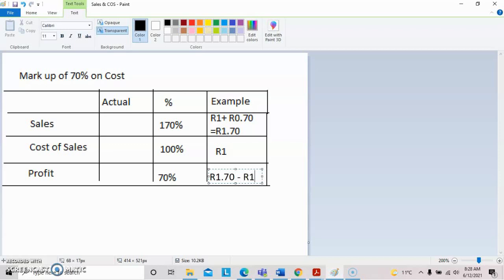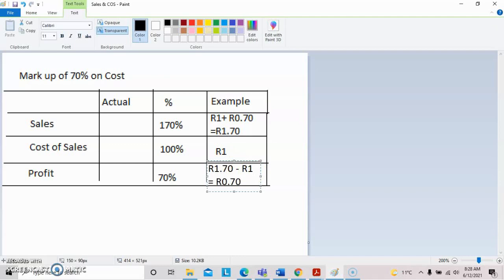So if we say minus R1, what do you get? I'm sure you get the 70 cents, which means that we bought the stock for R1, we sold it for R1.70, and now we are getting 70 cents as profit. Easy, right?